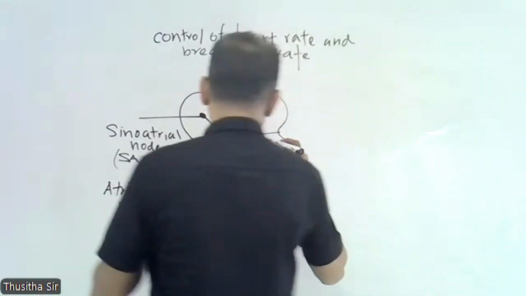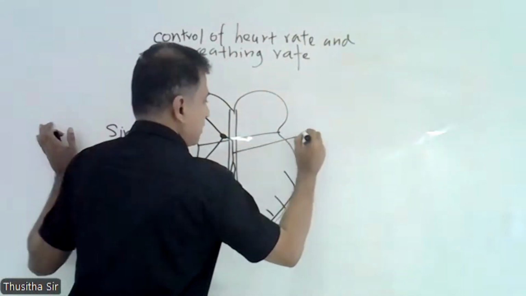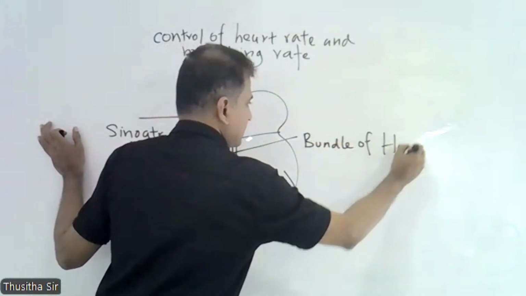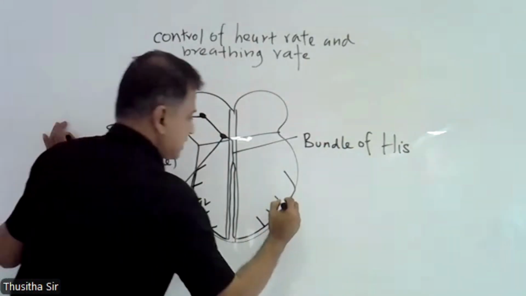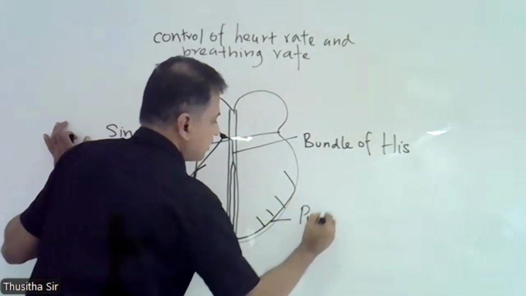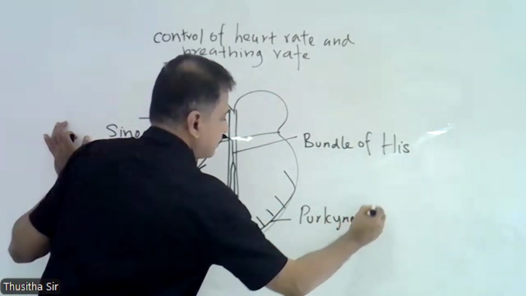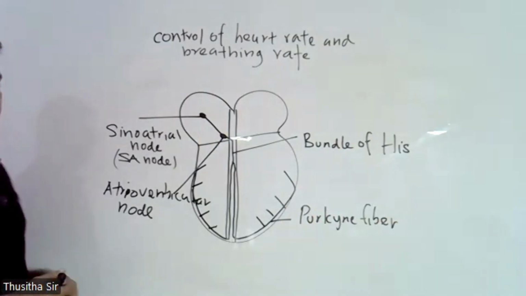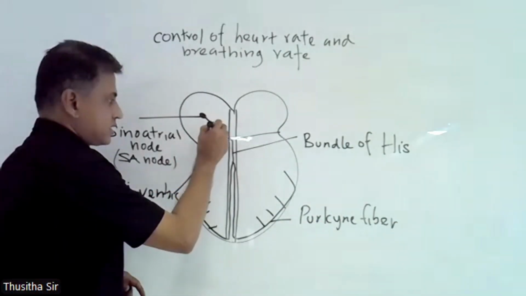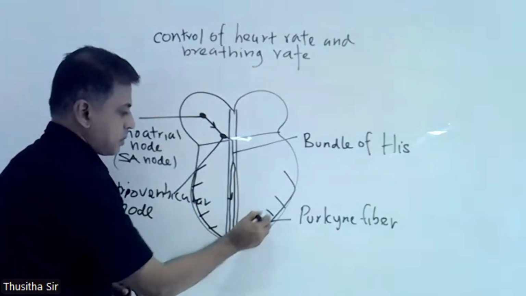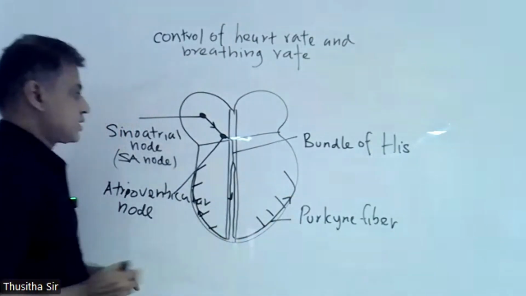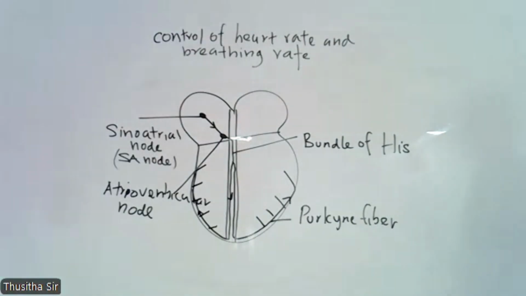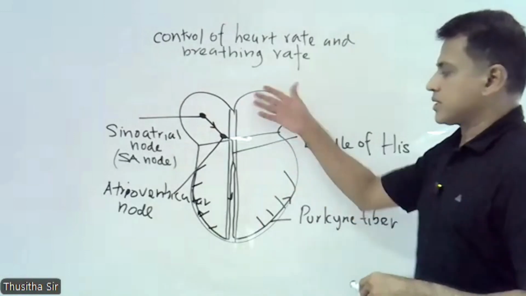This is called the bundle of His, and these are called Purkinje fibers. The direction is this way. This is the conduction system of the heart, made by specialized heart muscle cells. The rest is ordinary cardiac muscle cells.